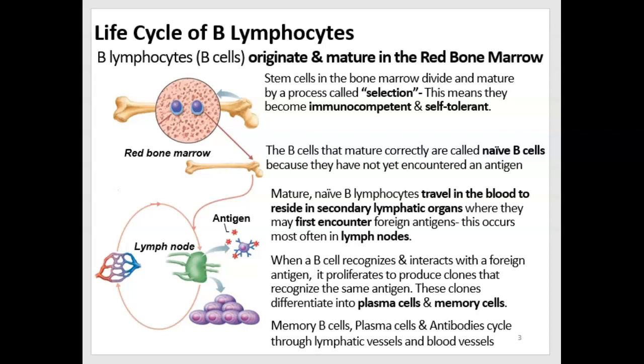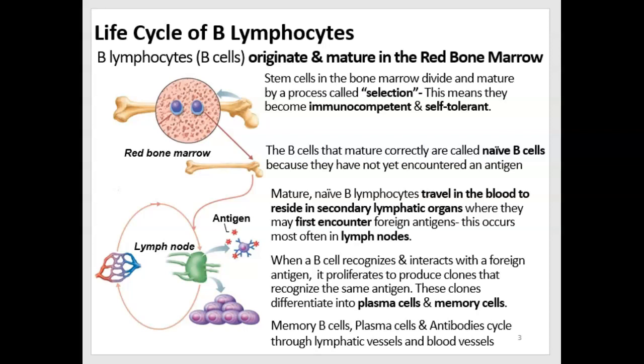And those stem cells divide, and a product of the division matures by a process called selection. And this occurs for B lymphocytes in the bone marrow. And during this maturation or selection process, they become what is called immunocompetent and self-tolerant.